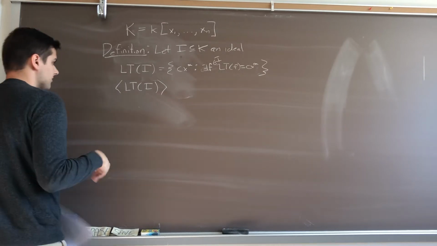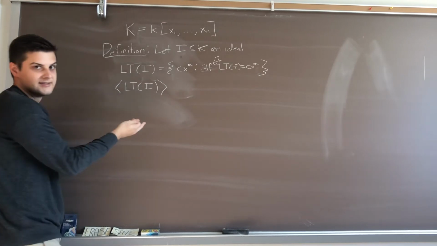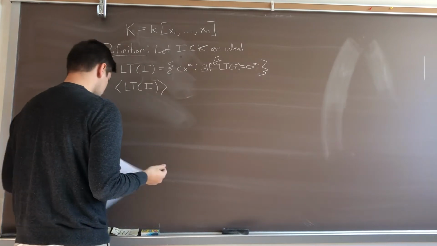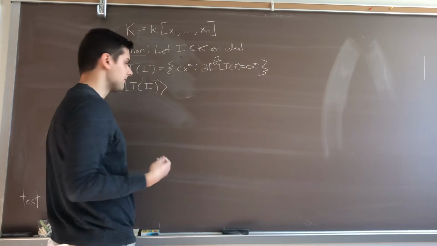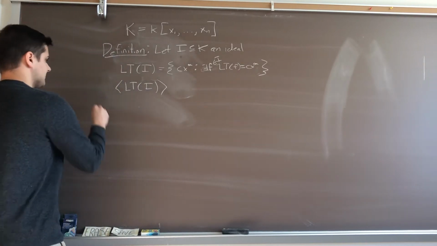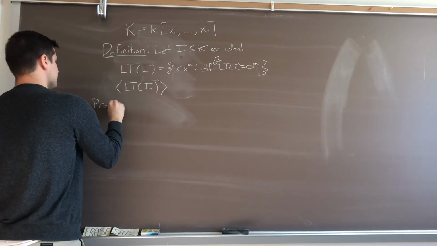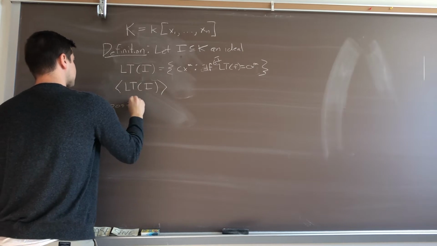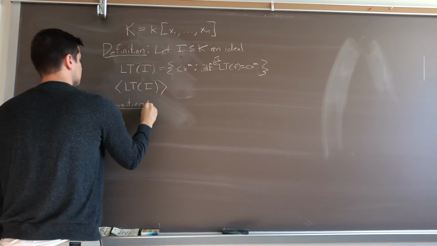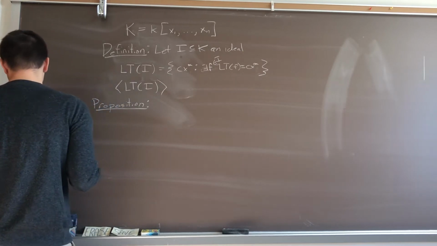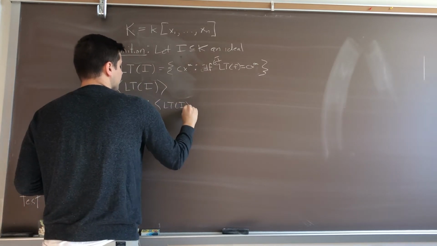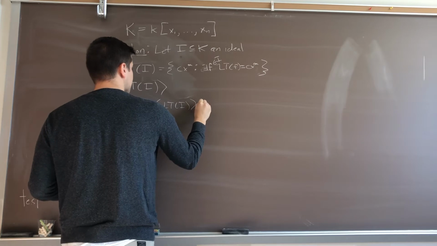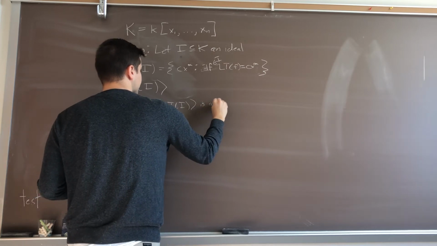The first important property is that this thing is what we'd call a monomial ideal, which means basically it's generated only by monomials. So in fact, more than just that, the ideal generated by the leading terms of an ideal is a monomial ideal.